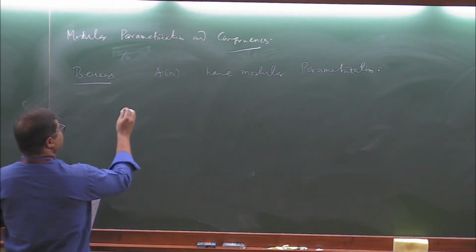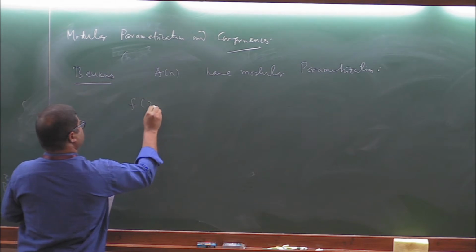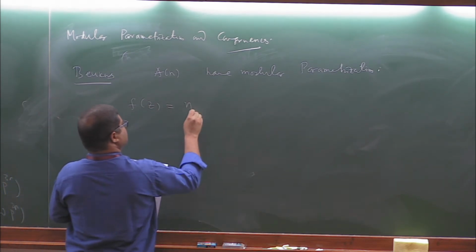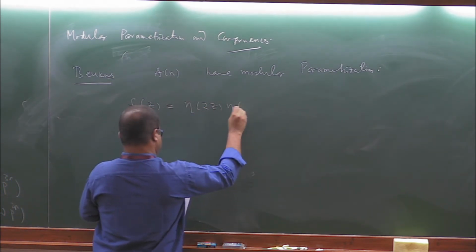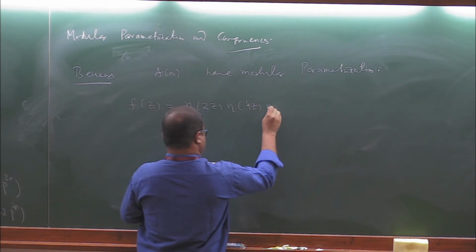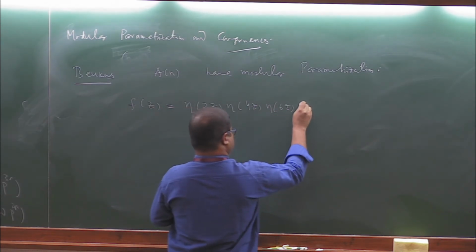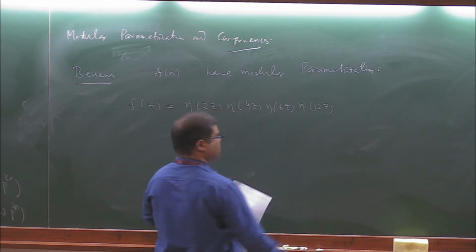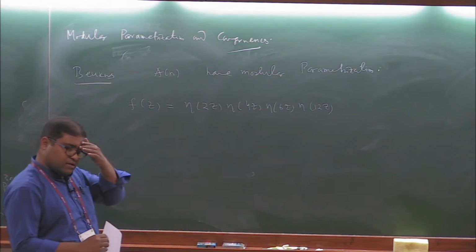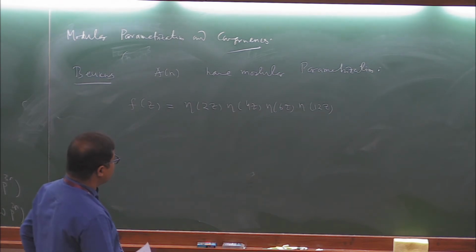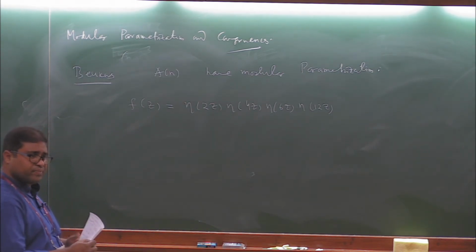If you take these particular forms, f(z) equal to eta(2z) eta(4z) eta(6z) eta(12z), that's eta and its dilations by 2, 4, 6, 12, this is a modular form on Gamma_0(24).